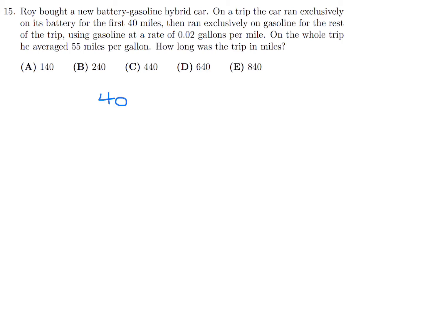So for the 40 miles that he drives initially, it's using 0 gas. And then later, I don't know how many miles he drives, but let's just say it's x. And they give you a gallons per mile type of number, 0.02.